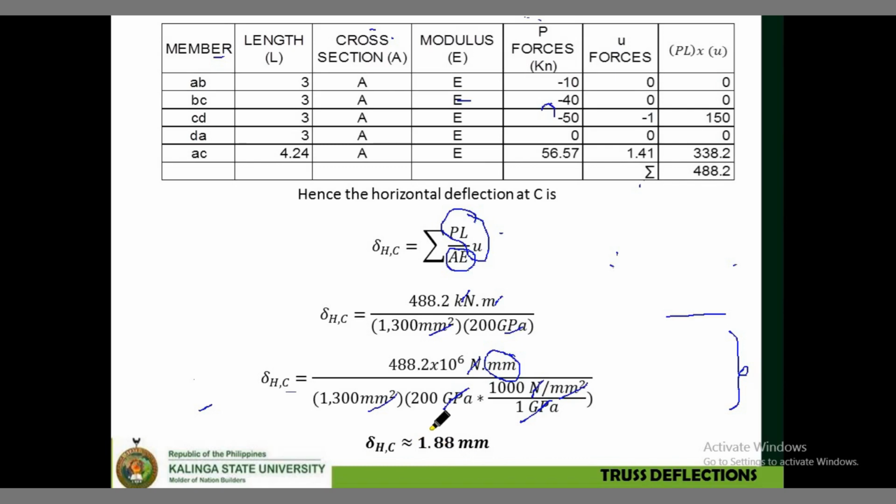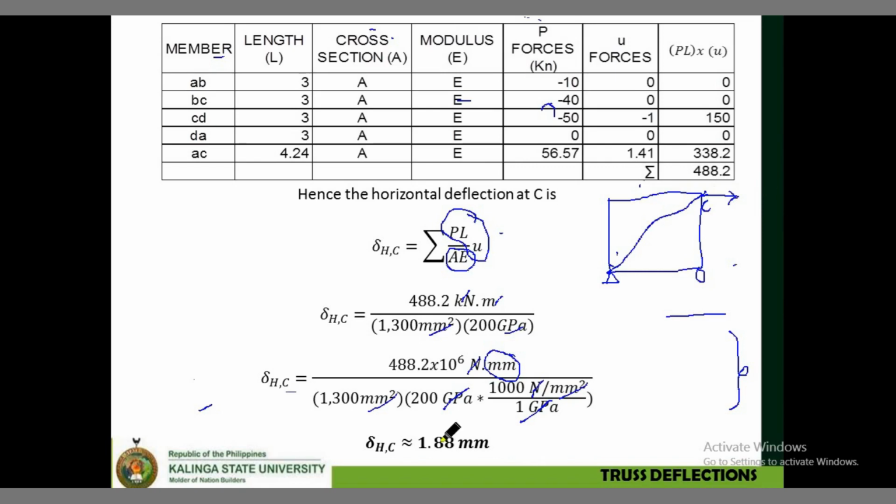Positive yung lumabas sa calculator. Anong ibig sabihin ng positive? Di ba originally, my truss looks like this. Andito si hinge, andito si roller, and then meron akong brace dito. Yan. So, ang assumption ko kanina, andito si point C. Ang assumption ko, si point C will move to the right.